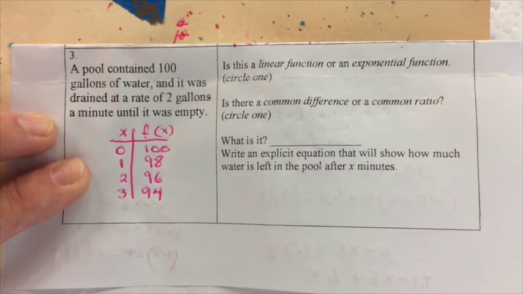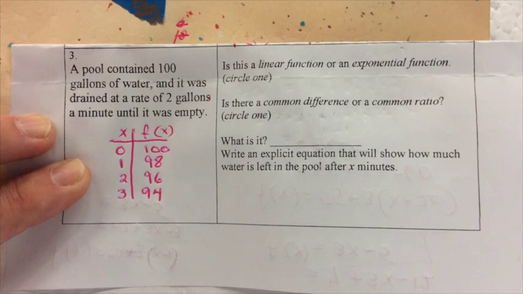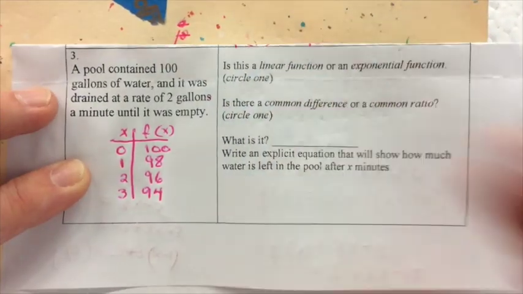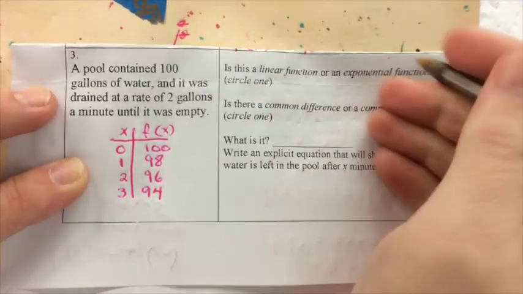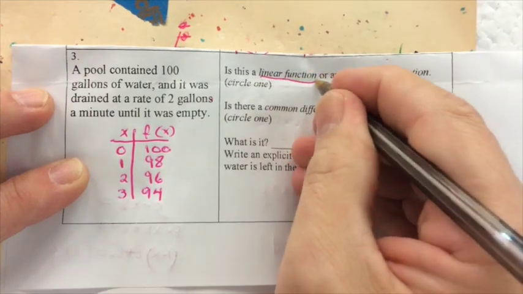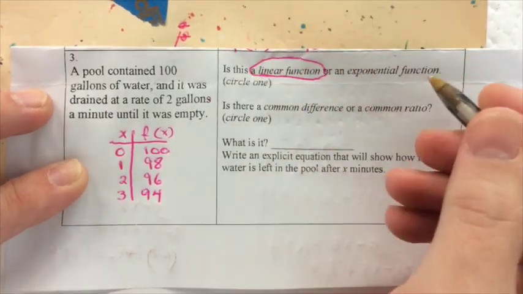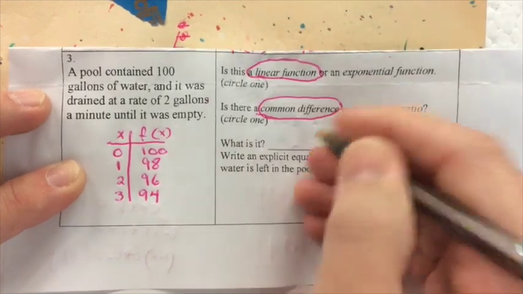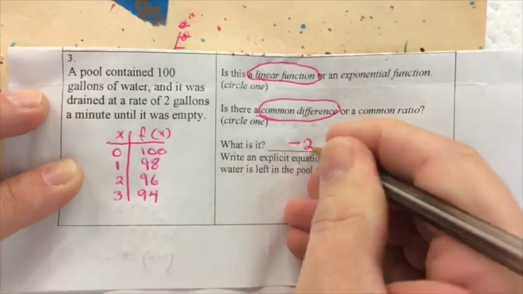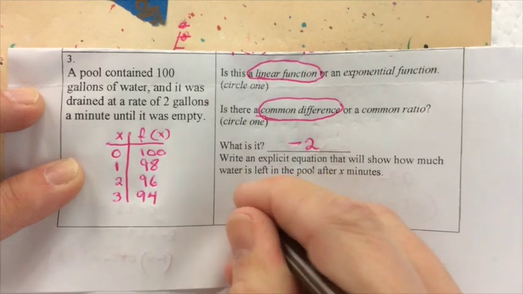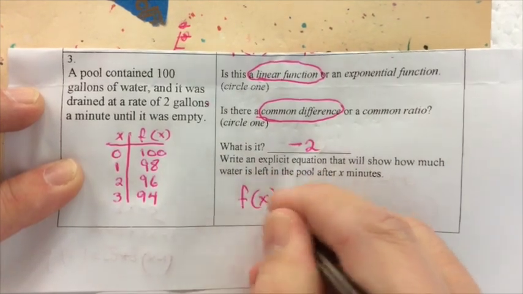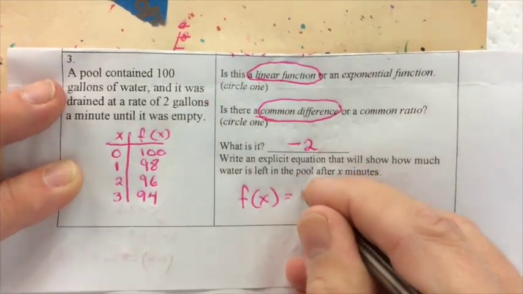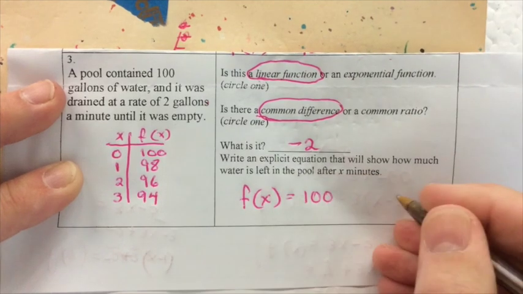That's enough for us to look at and say, you know, this is a linear function. There is a common difference here. The common difference is -2. And the formula for this, or the equation for this, I started out with 100 gallons.